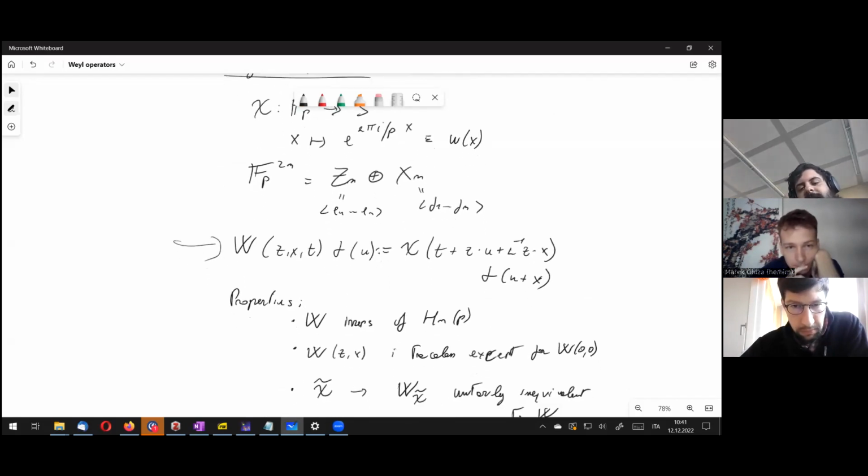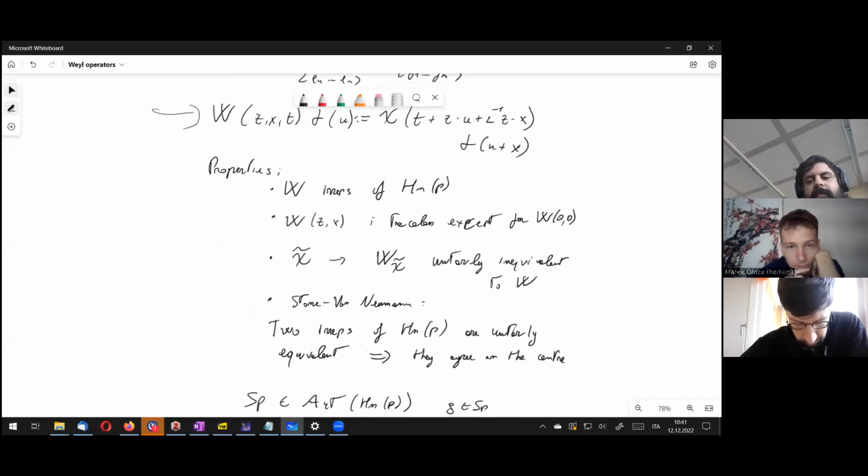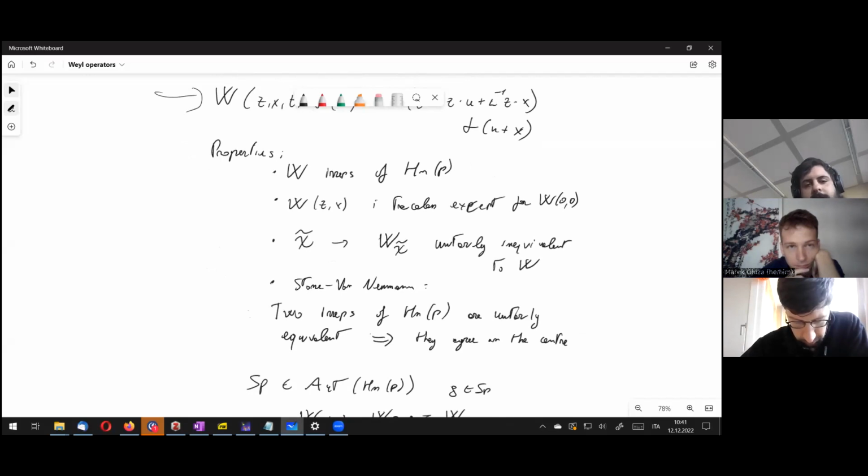I didn't prove it, but it's kind of easy using some character formula that these representations are irreps, while it's easier to see that these operators are all traceless except for the identity.